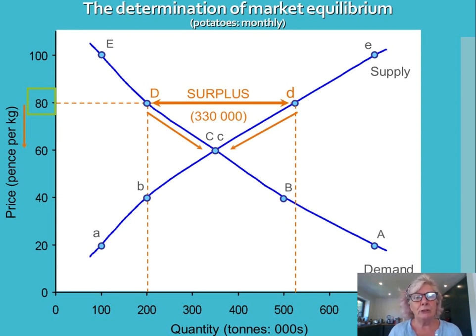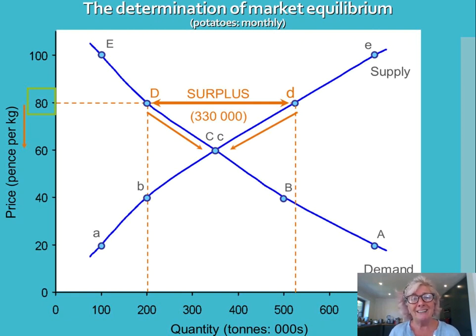Well, we can see we've got this new price marked on our diagram, but what we notice immediately is that now supply and demand are no longer equal. The quantity that's demanded in the market has reduced. It's gone down from 350,000 to 200,000. As consumers, we don't want to pay that high price anymore. We've gone and we've bought rice or something instead.